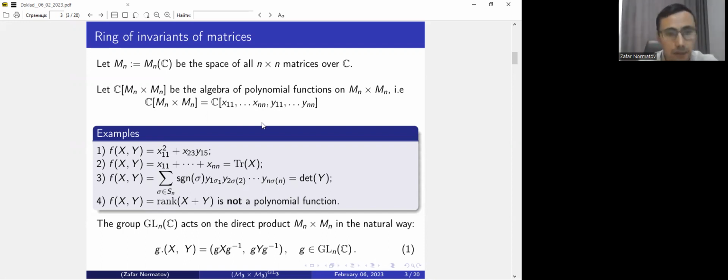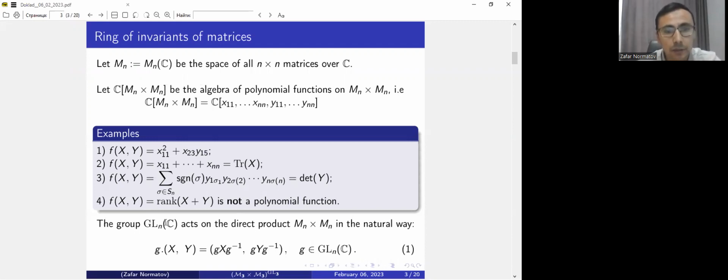Below we can give the examples. For example, the f of xy is x11 square plus x23 y15. This is also a polynomial function. And also, actually, we are interested in trace functions and determinant functions. They are also polynomial functions. But the rank function is not a polynomial function.